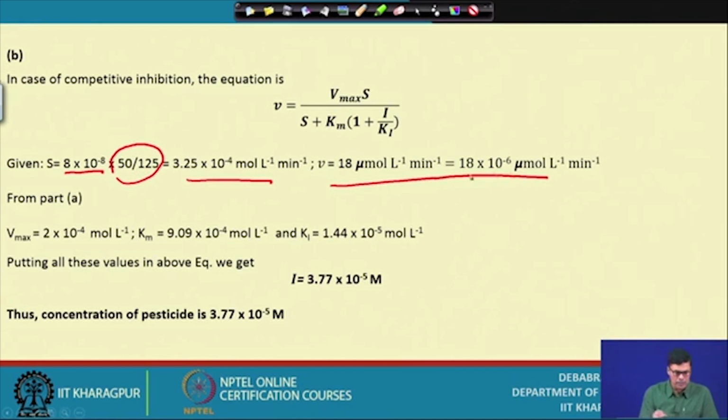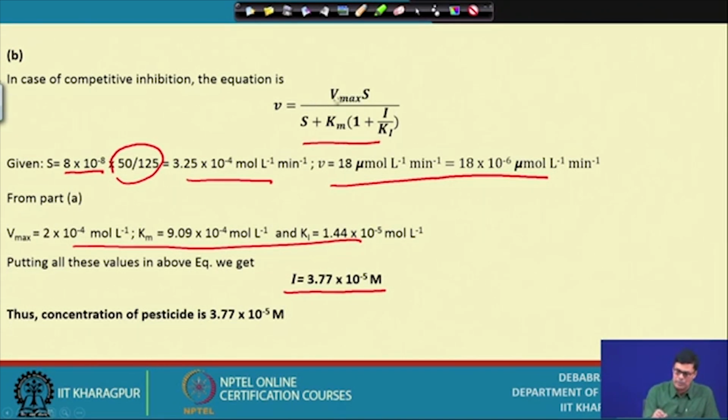Then we put this in the equation; we know S, Km, V max and Ki. So, we can easily find out the I value.